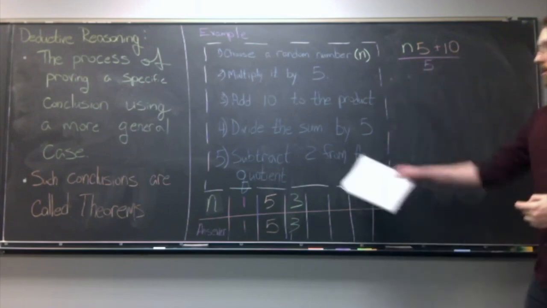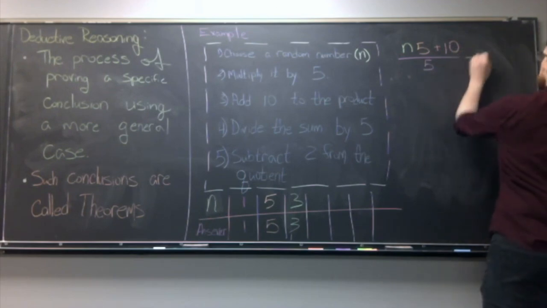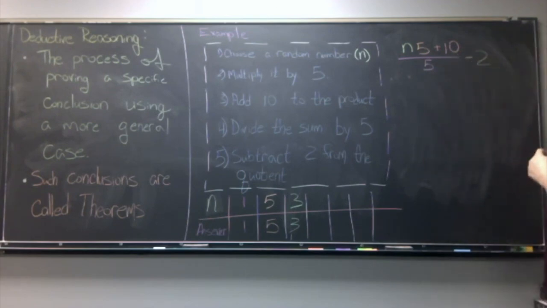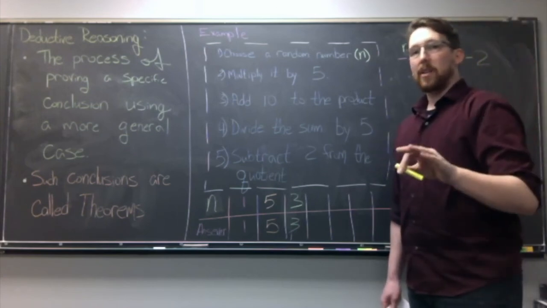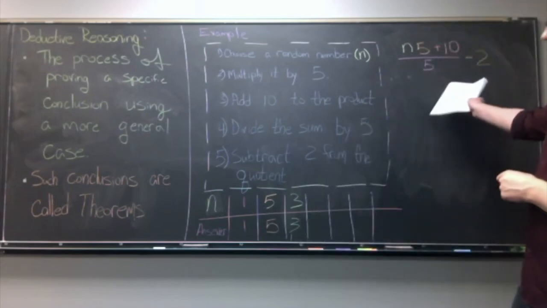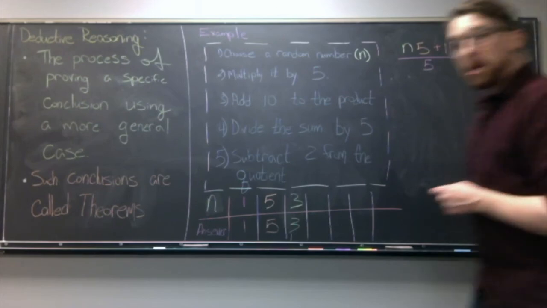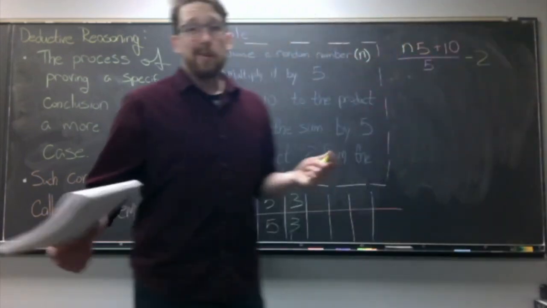And for our final step, we're going to subtract 2. Looking at this, it may not be obvious right away how we're going to use this to prove our conclusion. The way we're going to do it, we're going to use just simple algebra.